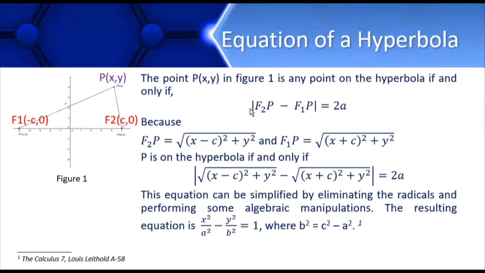Then, if we are going to derive the equation using the definition, so the distance of segment F2P minus the distance of segment F1P, yung absolute value nun, ay the same with the constant. Yung constant natin ay 2a. Okay, 2a.